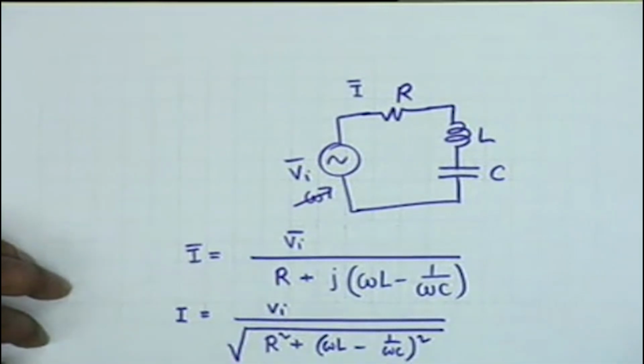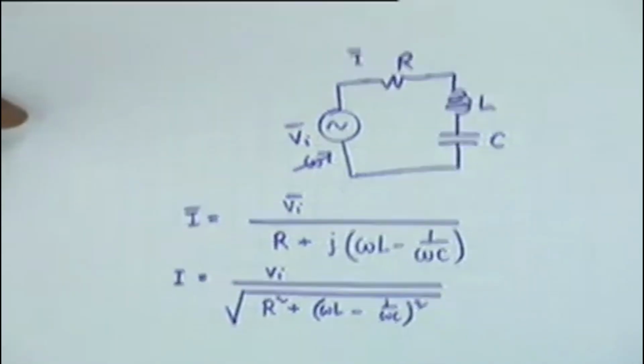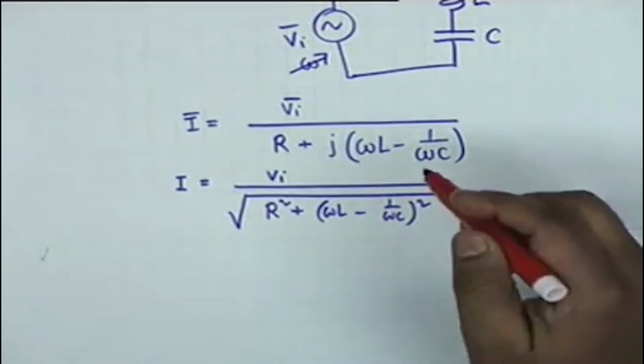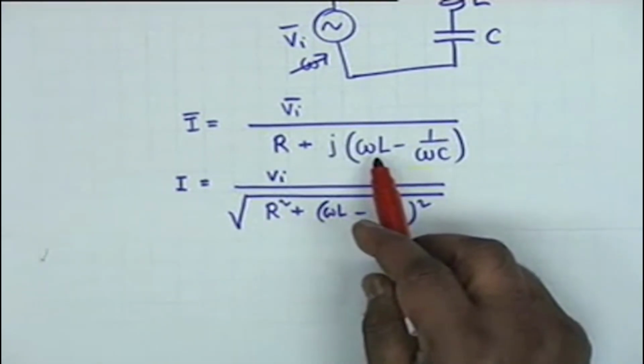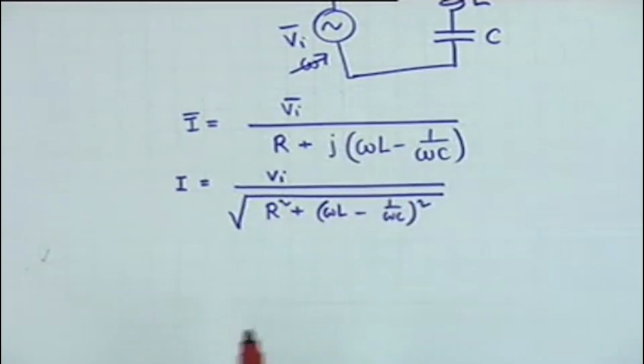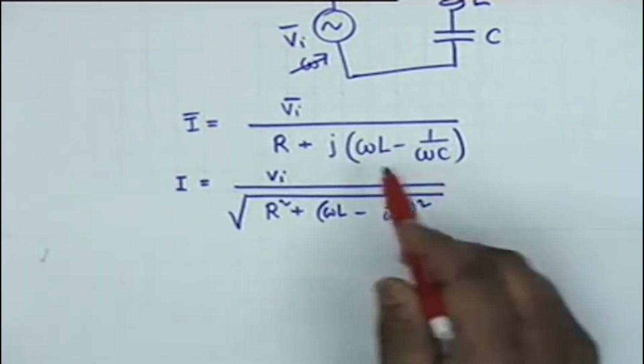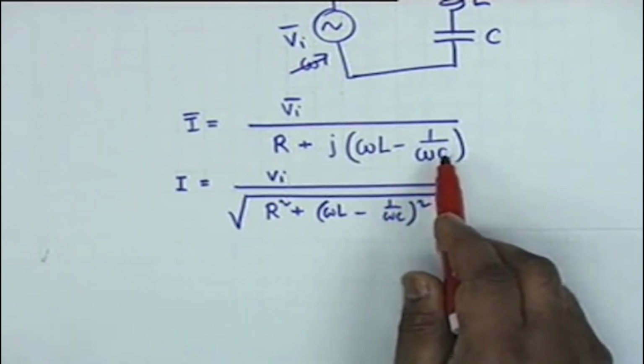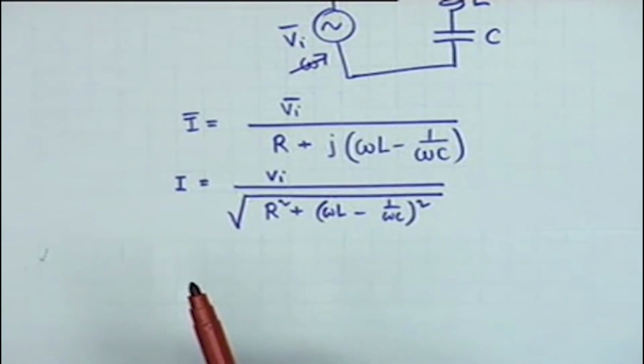As frequency is varied, let us look at this expression a little more carefully. When omega L is greater than 1 by omega C, obviously the angle of the current shall be negative.